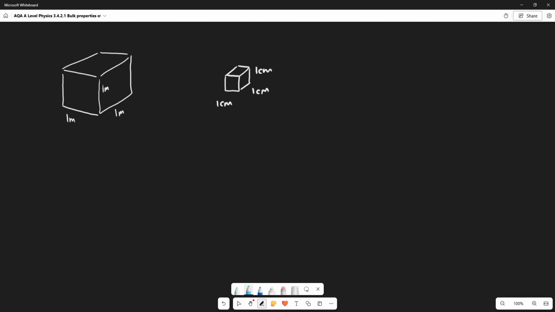Let's now do a conversion exercise. If I have a block that is 1 centimetre on each side, can I express that in metres? Yes, I can.